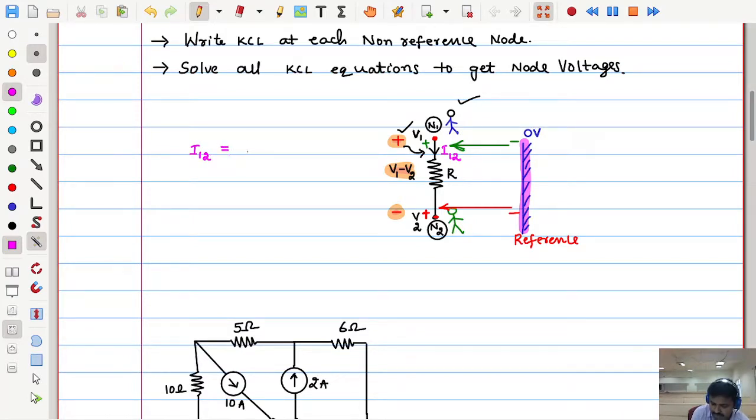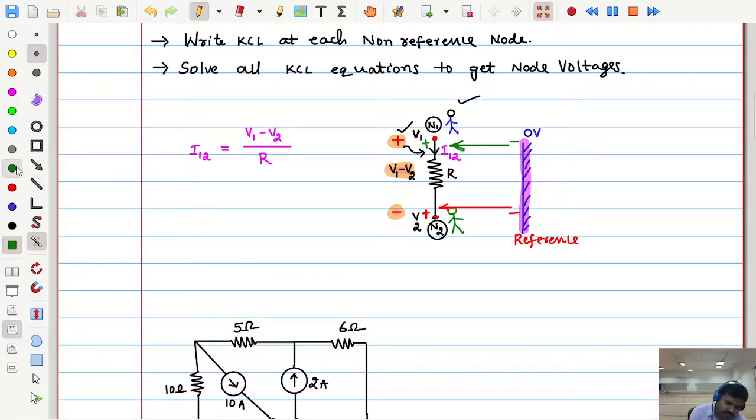I am assuming that my potential is more than the other side's potential, so the voltage difference across this element is V1 minus V2, divided by the resistance. Now, once I write Kirchhoff's current law at node 1, I will use this I12 current, which is V1 minus V2 by R.